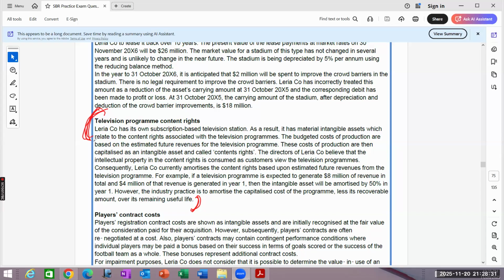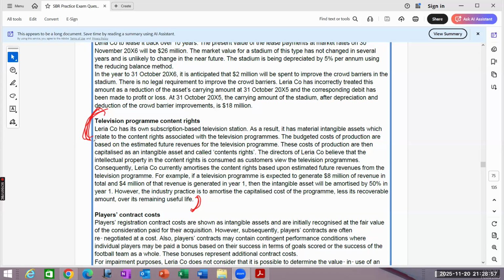So revenue-based amortization method. For example, if a television program is expected to generate 8 million revenue in total and 4 million revenue in year one, so 50% of the cost will be amortized in year one. But in industry practice, it is depreciated by the competitor over the remaining useful life.